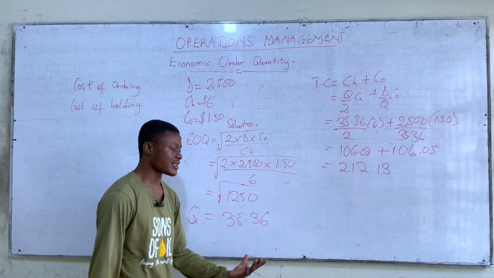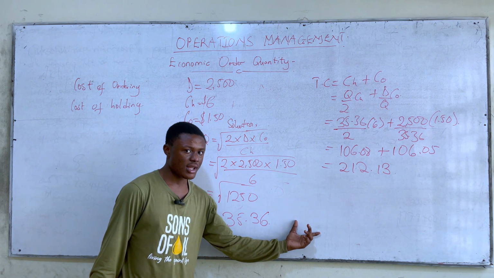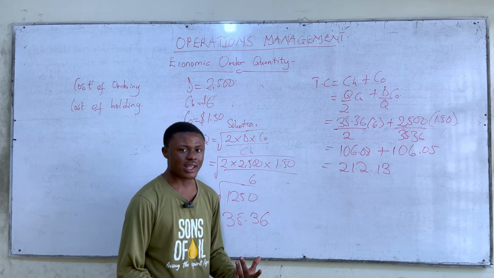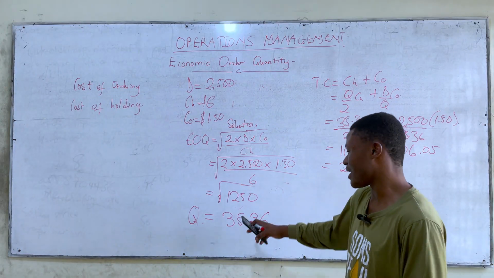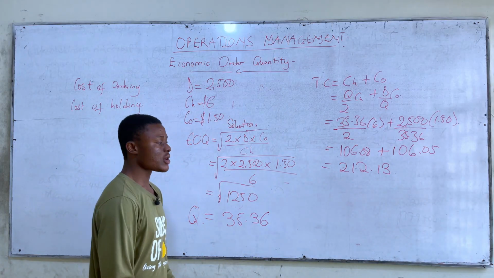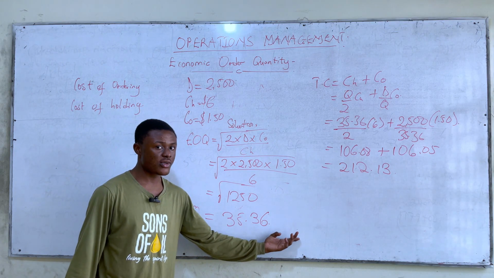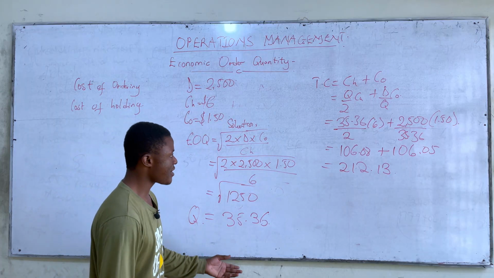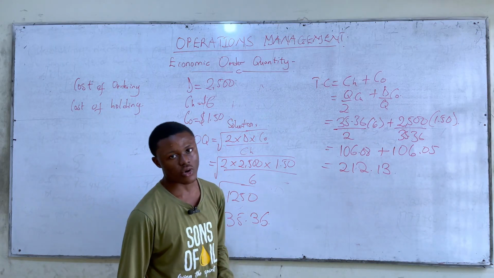Since we had our quantity to be 35.36, but in quantity we don't have 35 and a half or 3/6, you have to round it, and when we round it, you are going to get the figure of what? 35. Are we good? Great. Then we are going to use that 35 as our quantity to place in all these to find our total costs.